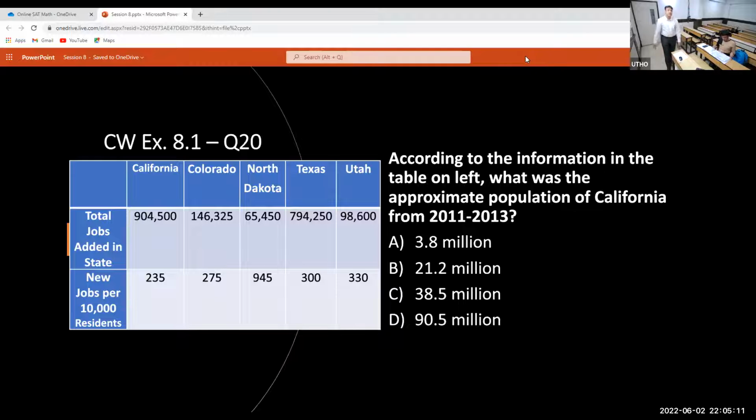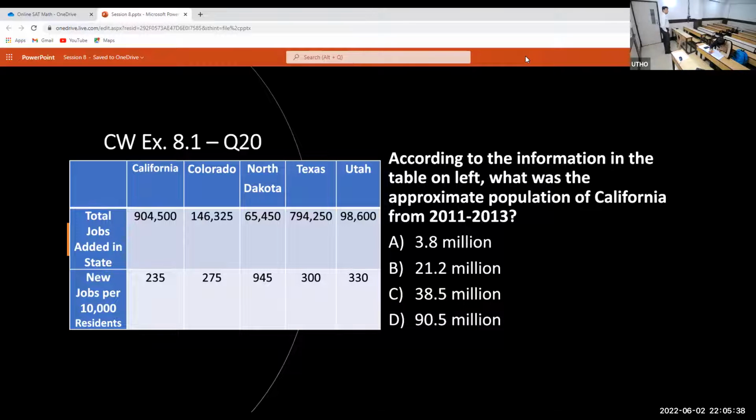Very, very interesting table. अच्छा, table का heading होगा population of top 5 states from 2011 to 2013. Table का heading छुप गया है, it should be there. Table is about population of 5 states from 2011 to 2013.